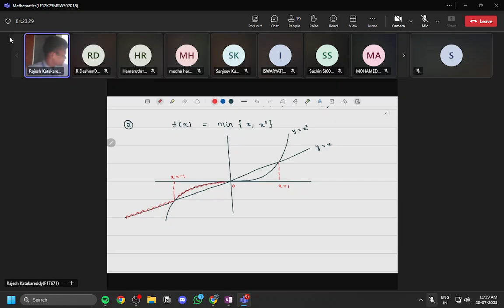Now again from here till there, x we need to delete. So we deleted x as well. Then x cube again, that also we deleted.